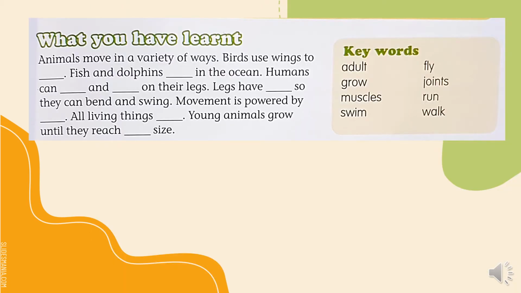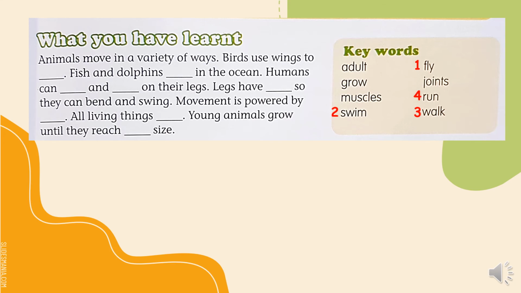Now, what you have learned. Animals move in a variety of ways. Birds use wings to fly. So put number one there. Fish and dolphins blank in the ocean. They swim in the ocean. Humans can walk and run.